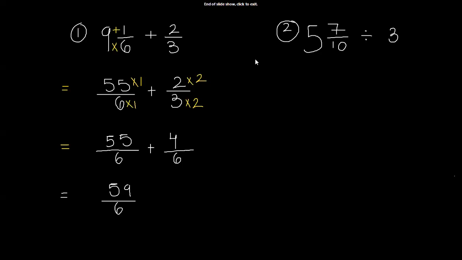Divide. Very good. So we say 6 into 59. How many times does 6 go into 59? 9 times. 6 times 9 is 54.